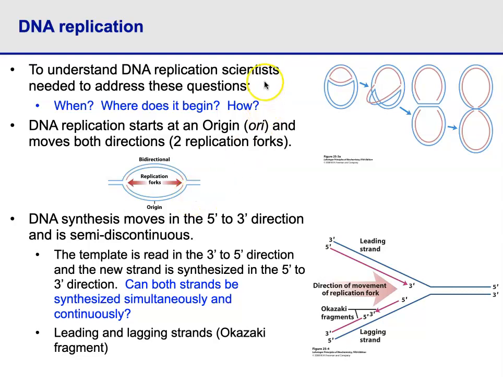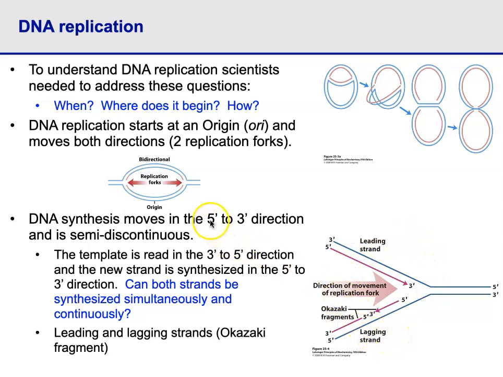Now, the toughest question is how replication actually happens. What drives it? What controls it? What is the mechanism? This is a more complex question. And by now we already know that DNA synthesis always moves in the 5' to 3' direction, and it's semi-discontinuous, speaking about both strands of DNA.